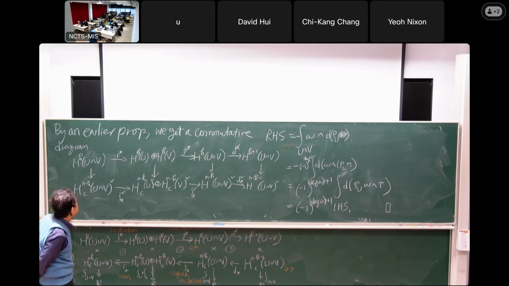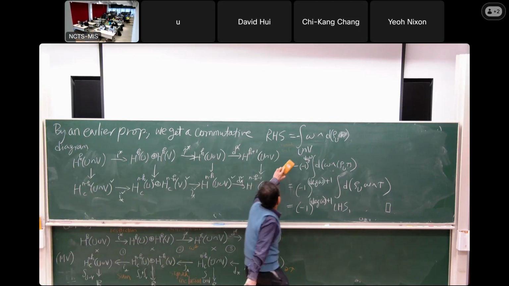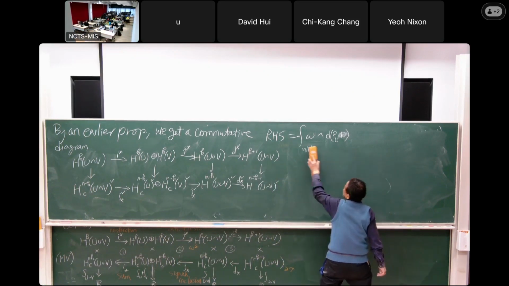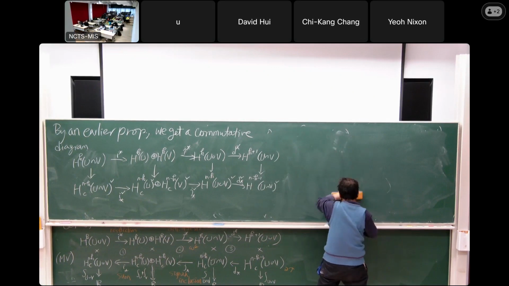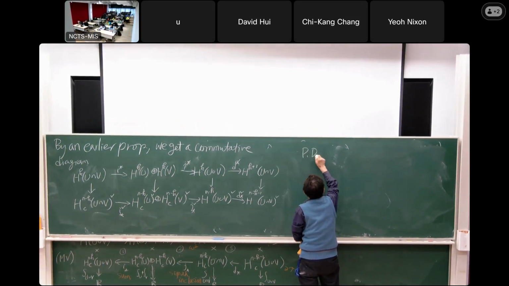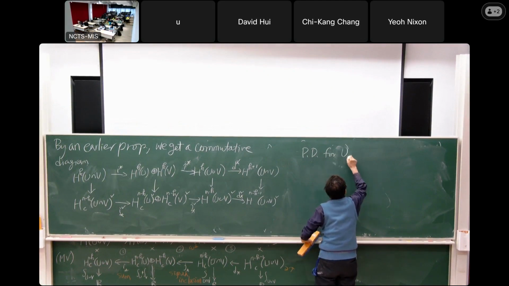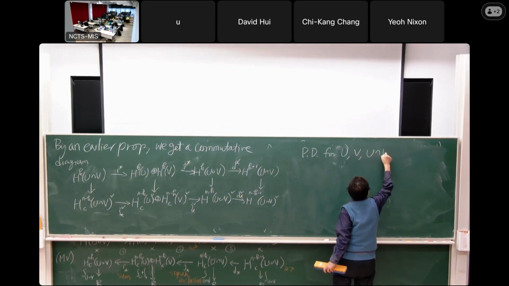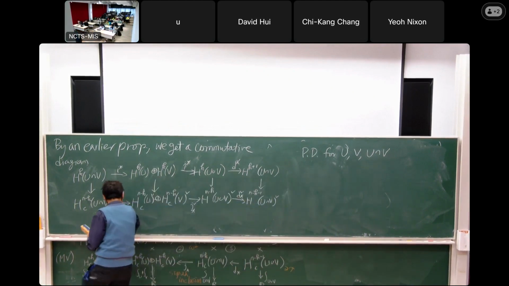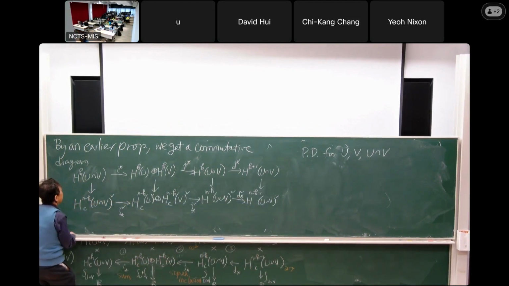And so if you have Poincare duality for U, V and the intersection, it would say that this is an isomorphism, right?